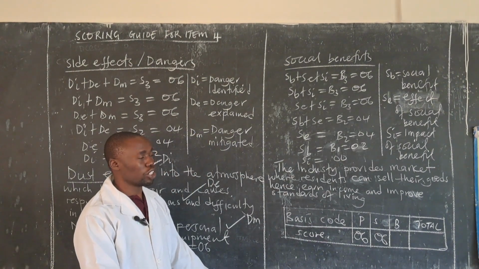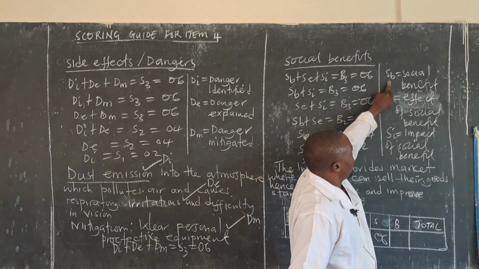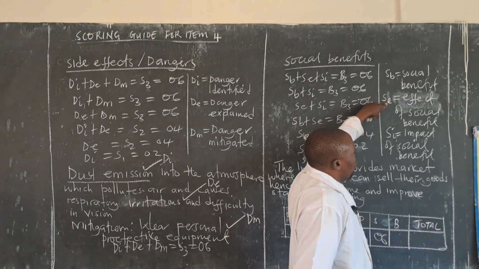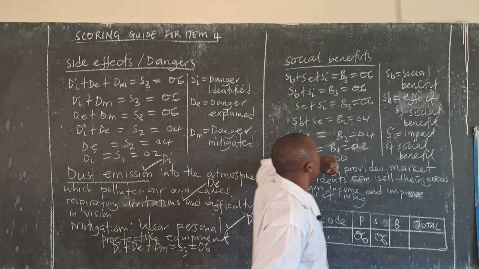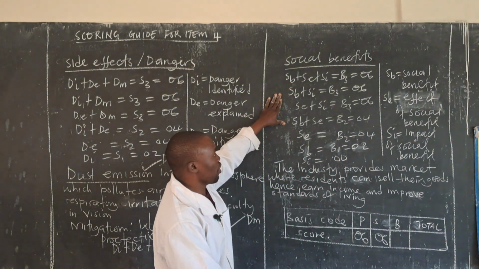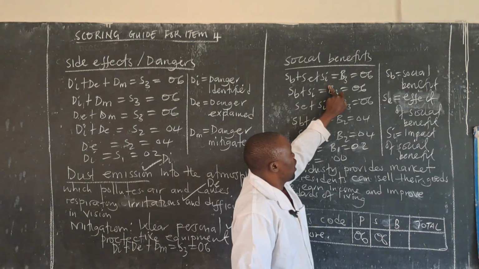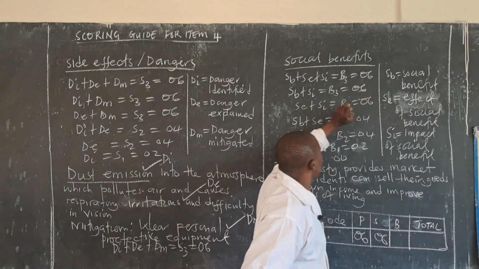So let us look at the social benefits. Now, social benefit mentioned is code SB, social benefit. Effect of social benefit is SE. Impact of social benefit is SI. Under the scoring, social benefit mentioned plus its effect and impact, there are three levels of assessment. The highest level is 0.6, B3.